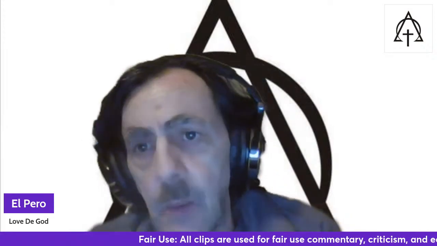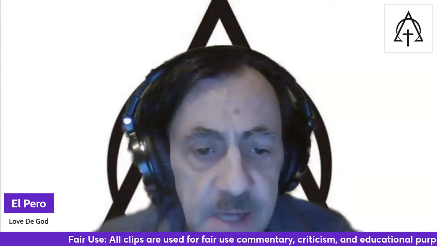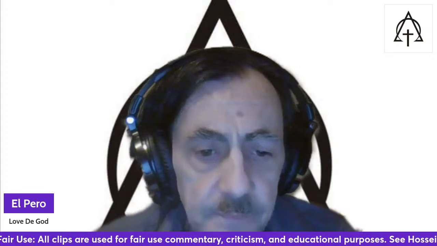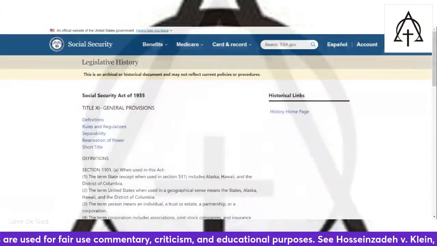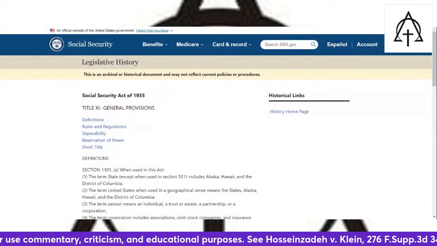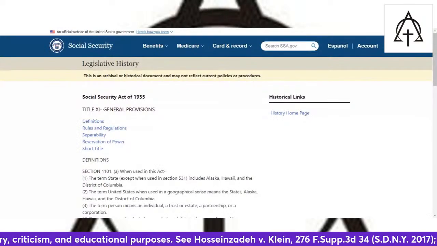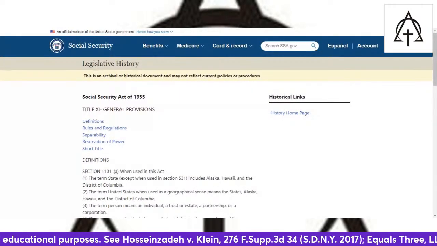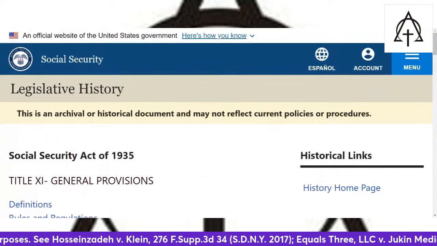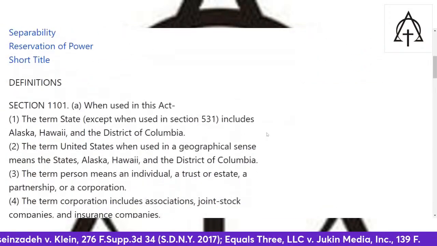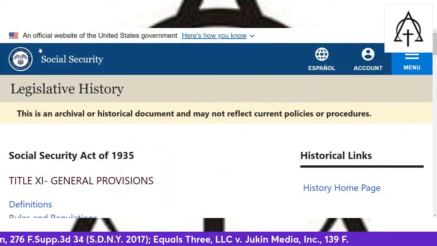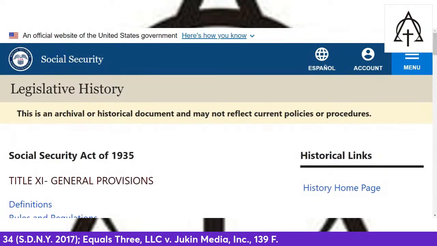And the first thing I want to point out is Title 11 of the Social Security Act. So let's pull this up. This is Social Security legislative history.